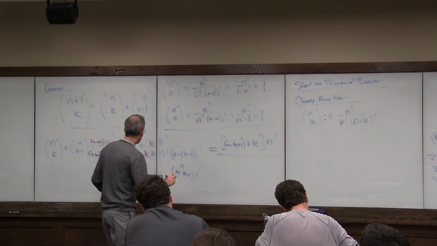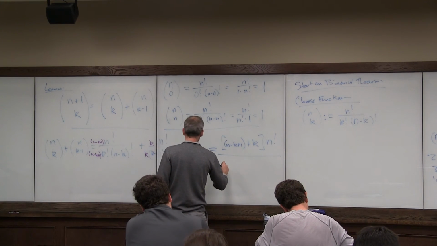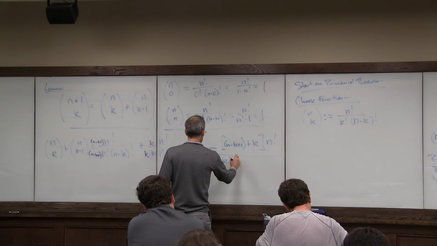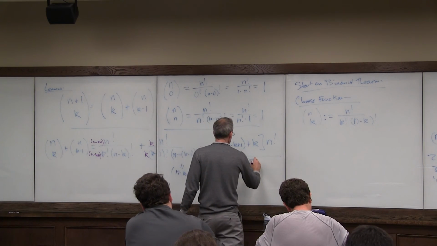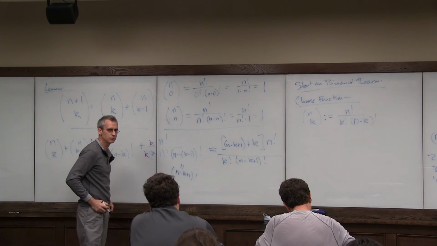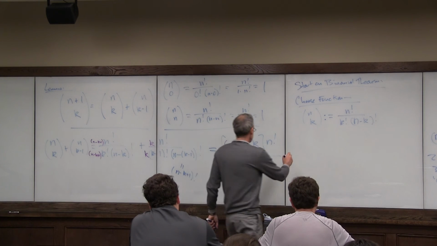And then down here, I get k factorial times n minus k plus 1 factorial. So it's starting to look like what we need. K and negative k on the bottom.